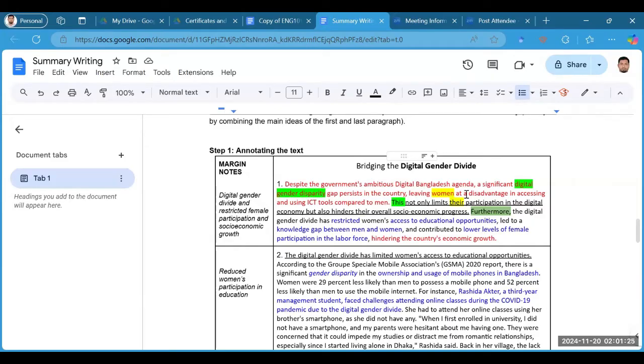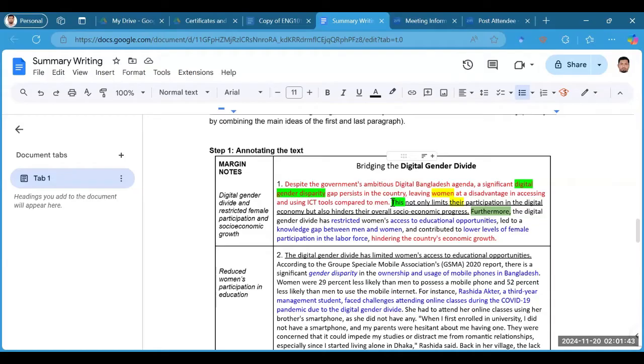And it leaves women at a disadvantage in accessing and using ICT tools compared to men. So it clearly shows there is a problem between men and women in terms of accessing digital ICT tools.